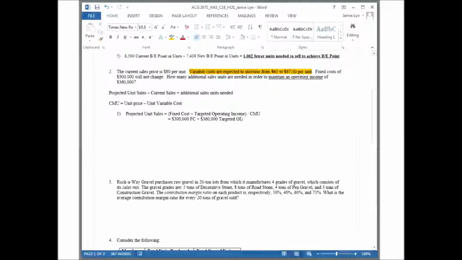And we have the current unit price, so we can actually plug this into our formula and still do the calculations. So we have $80 unit price minus $67.50 of unit variable cost.